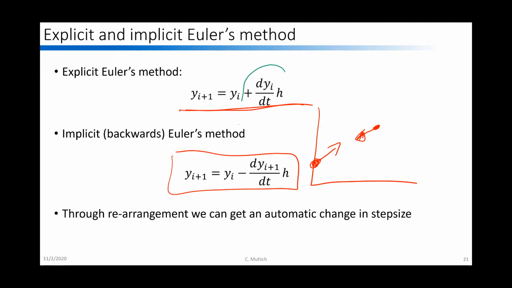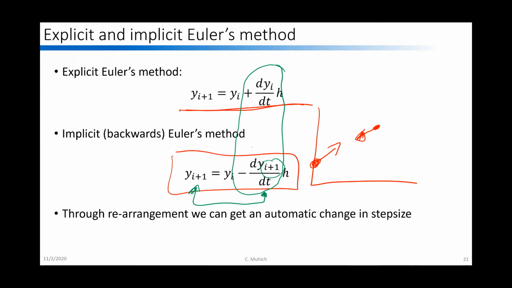You can see that the sign changes, and that in the backwards Euler's method I have an i+1 on this, so we end up getting y_{i+1} on both sides of my equation.